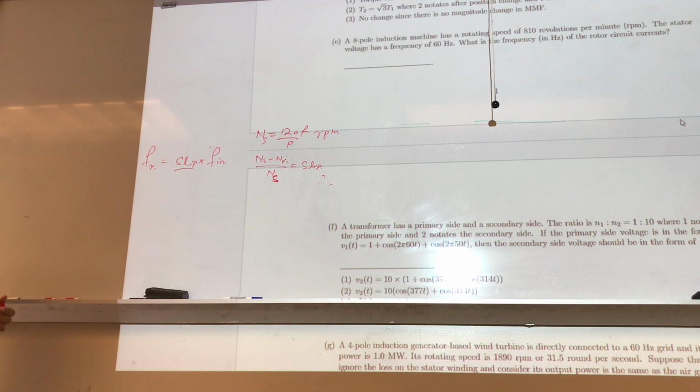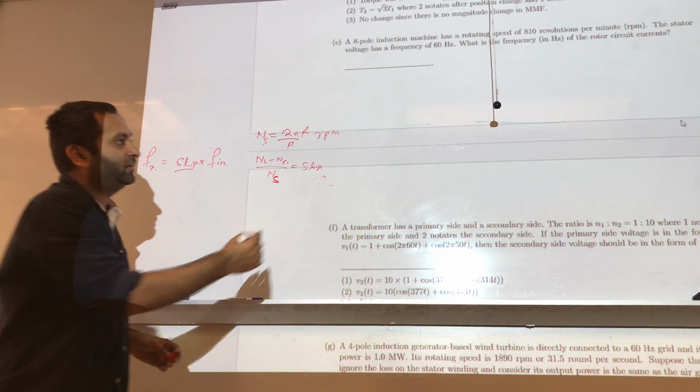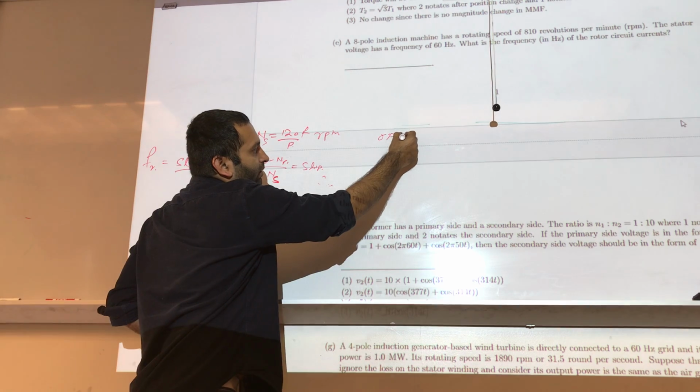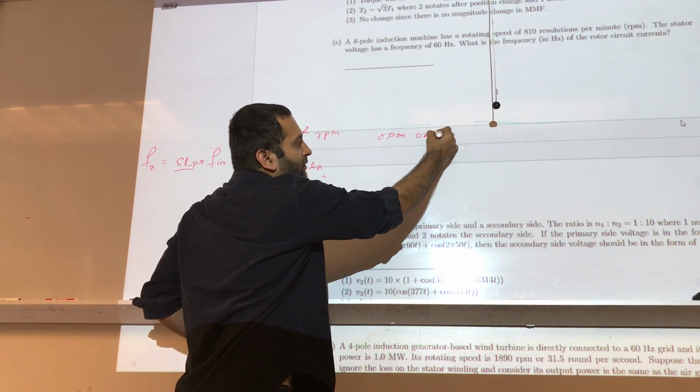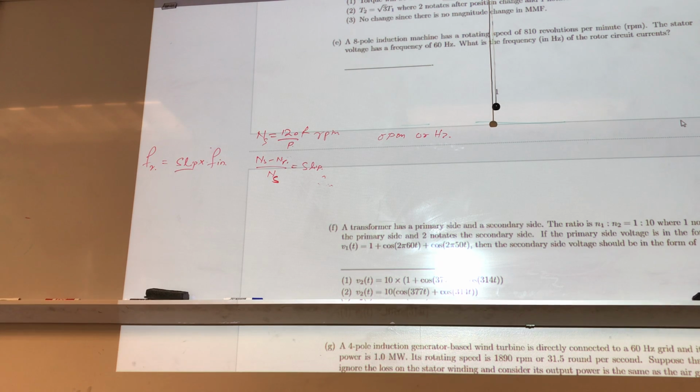You remember in one of the questions in the homework or in the quiz, it was asking you to find the speed in RPM or hertz, right? I think it was a quiz.